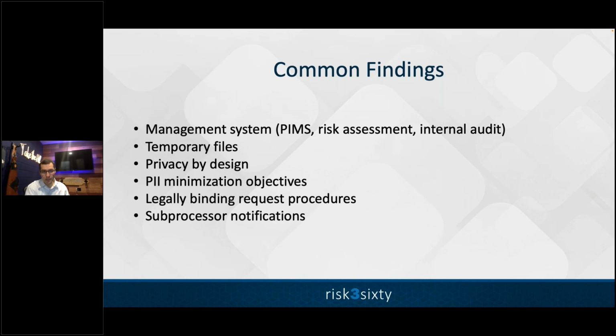So this is spelled out clearly in GDPR, and in ISO 27701, it says customers need to be notified when you add or change subprocessors. So of course we see other gaps in our day-to-day, but these are probably the most common ones for organizations starting out with their PIM certifications.